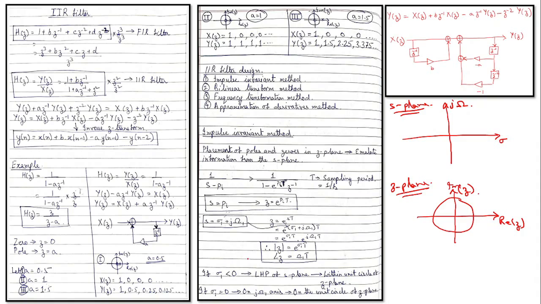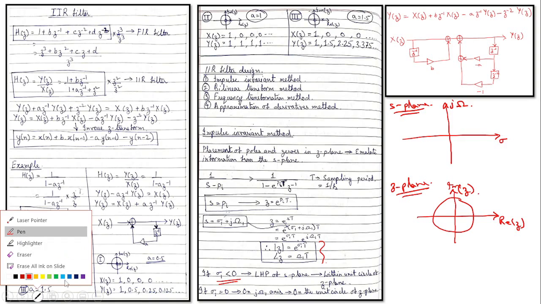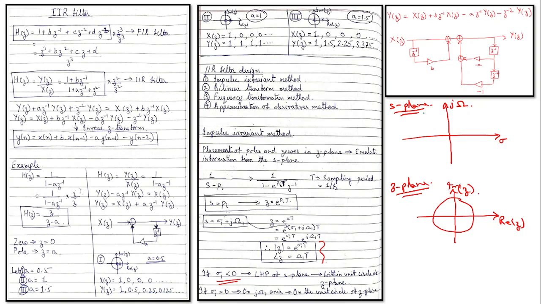Now if you look over here from this equation, if sigma 1 is less than 0, then if you look into the S plane, what happens? If sigma 1 is less than 0, that means we are on the negative left hand side of the plane.